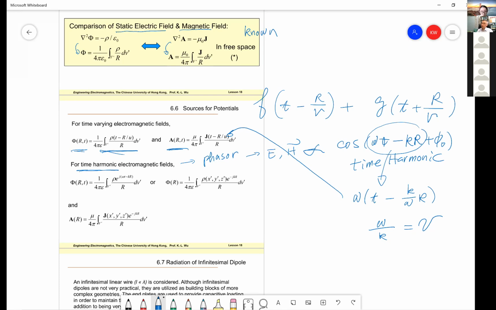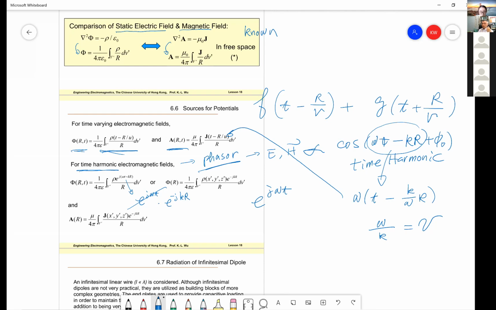Because once we use a phasor, I don't need to write this time convention every time. But we put it into our heart, right?